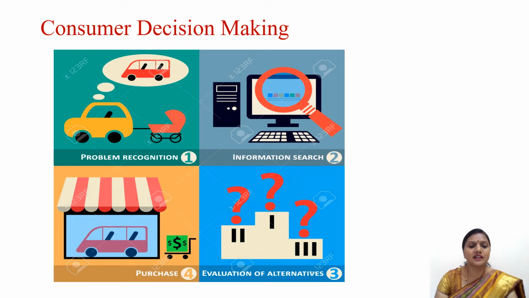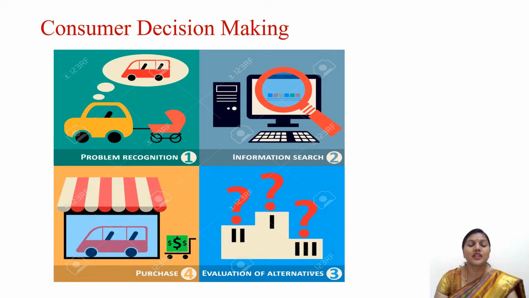Third one is purchase decision. So finally, out of the various available alternatives, he will purchase one product. And the next step is evaluation of alternatives. After evaluation and purchasing the product, the final and fifth step is post purchase behavior.